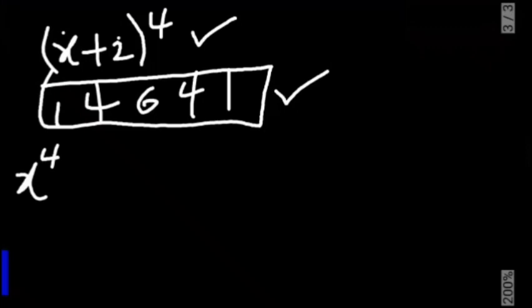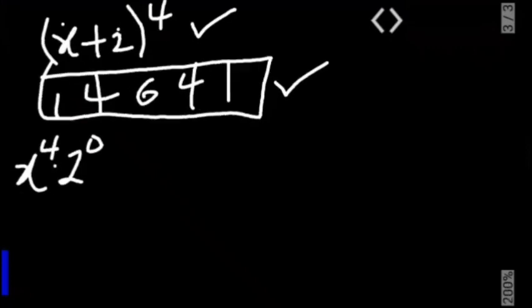Then we multiply by the second term, that is 2, and we start with a power of 0. So the first term starts with the power, and the second term starts with 0. So it reduces as we go on.